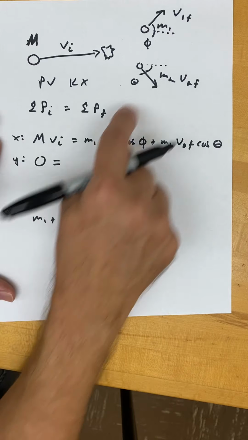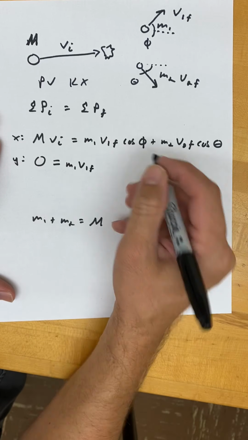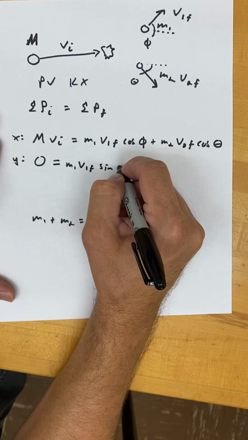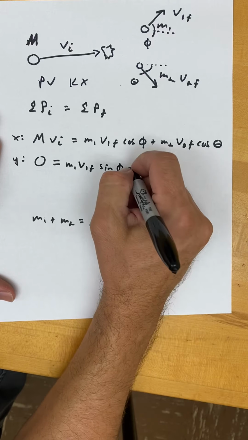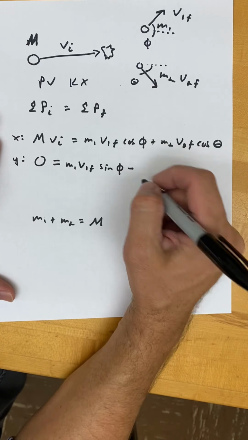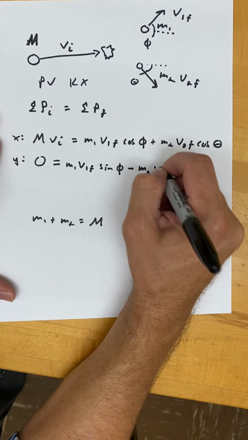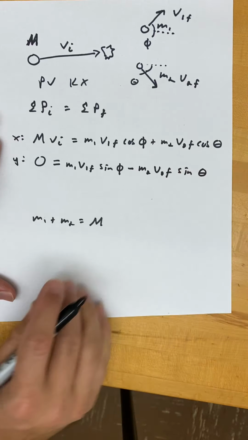So 0 is equal to M1 V1 final sine phi, that's the Y component here, minus, because the Y direction is down, M2 V2 final sine theta.